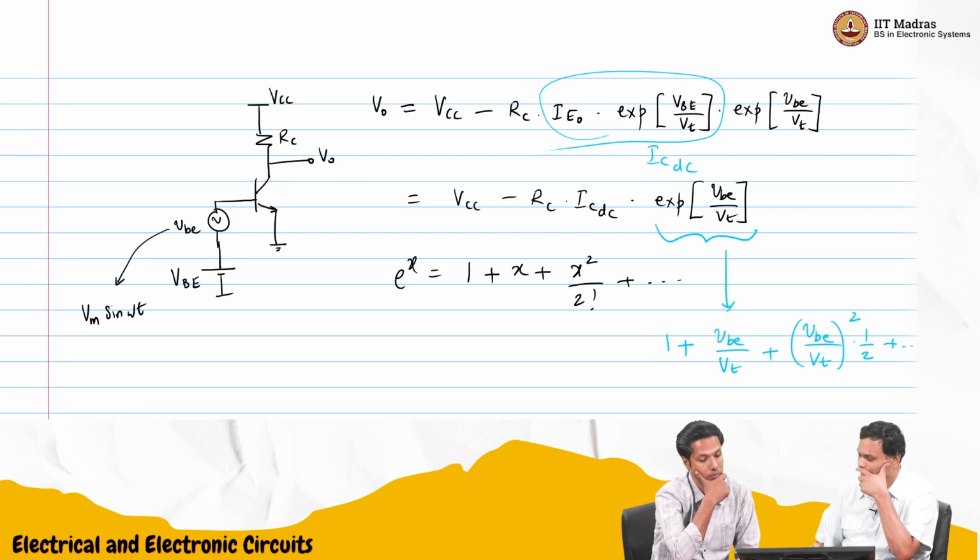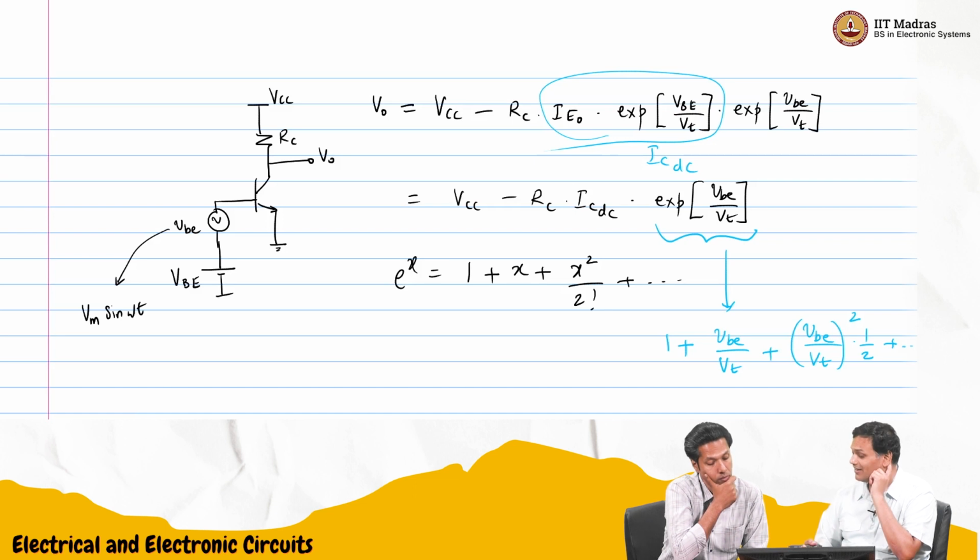Let us make some assumption. Let us say that VB is very small, because x is less than 1, so VB by VT.